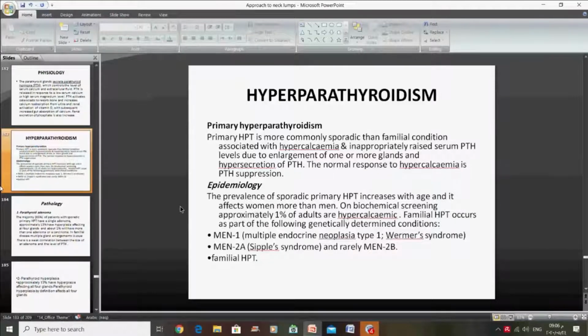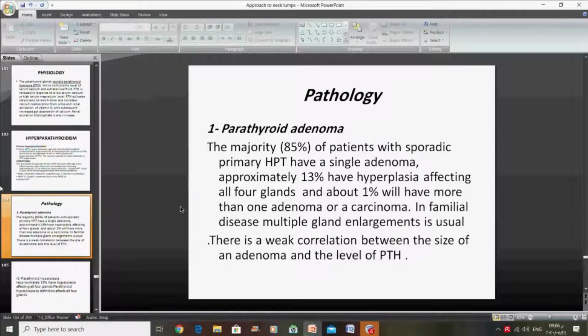Pathology: the cause of primary hyperparathyroidism is parathyroid adenoma, which represents 85% of the cases, a single adenoma. 13% are due to hyperplasia affecting all 4 glands. 1% are more than one adenoma or carcinoma or cyst. In familial disease, multiple gland enlargement is usual.